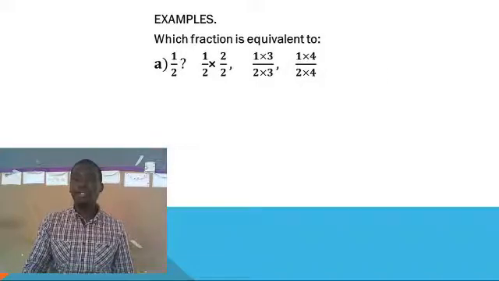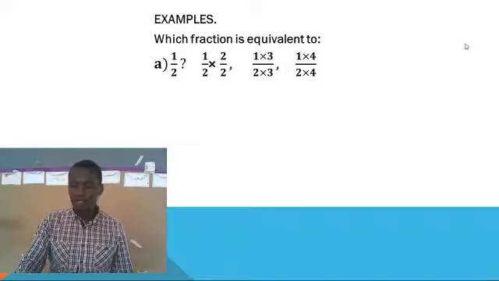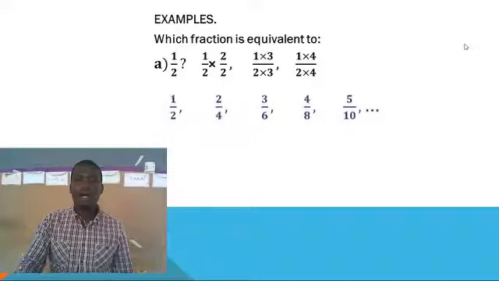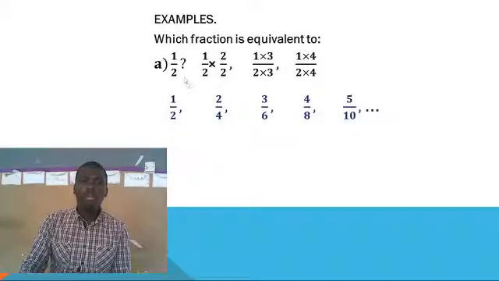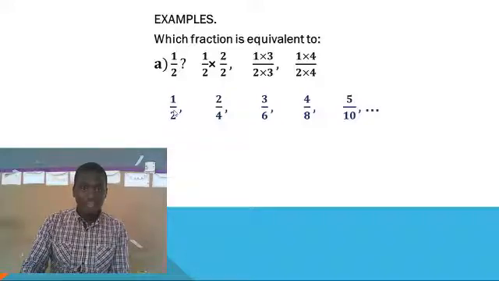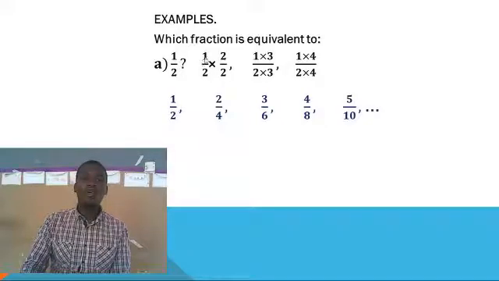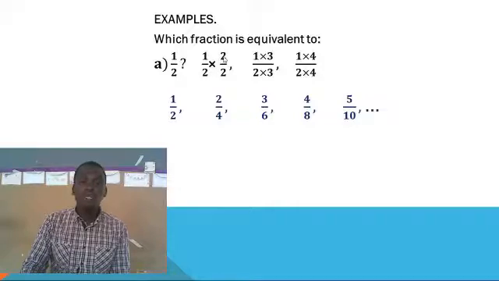Can we move to the next to get what we want there? Let's move and we see. So these are fractions now. When I multiply 1 times 1, 2 times 1, I get 1 out of 2. Are we together, children? When I multiply 1 times 2, I get 2. I multiply 2 times 2, I get 4.